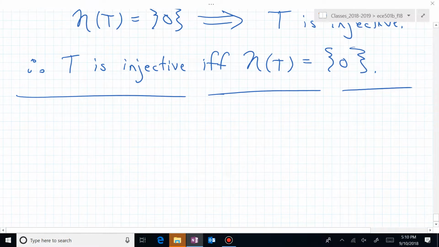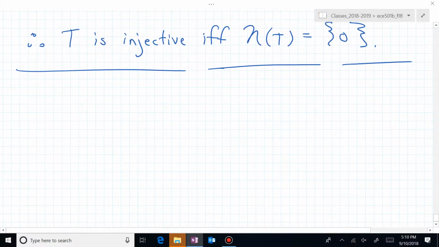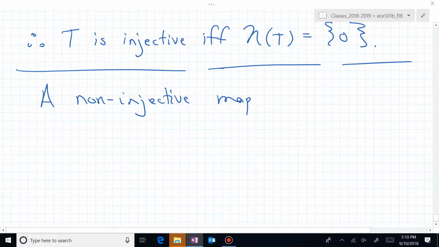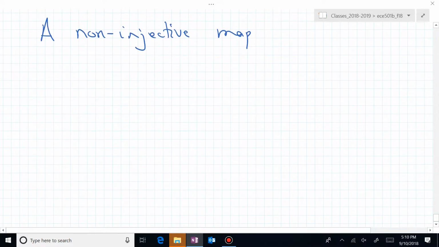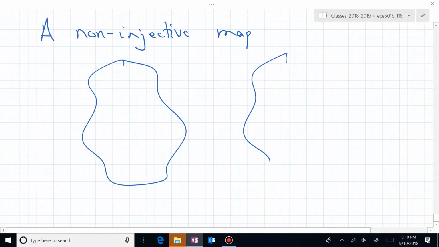So let's look at a non-injective map, or start to get a feel for what that is relative to null spaces. A non-injective map we can think of again pictorially.